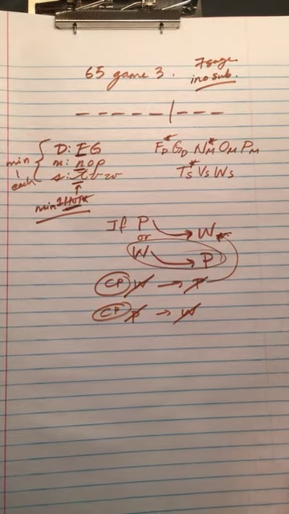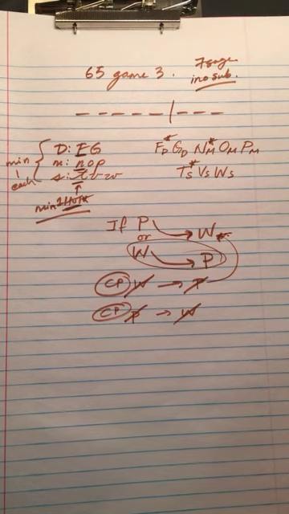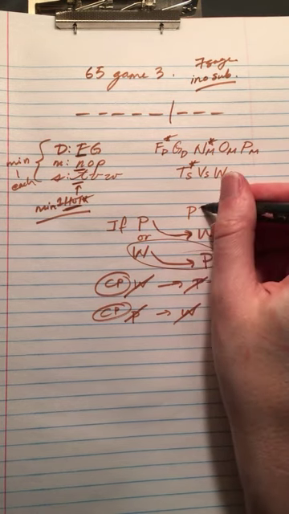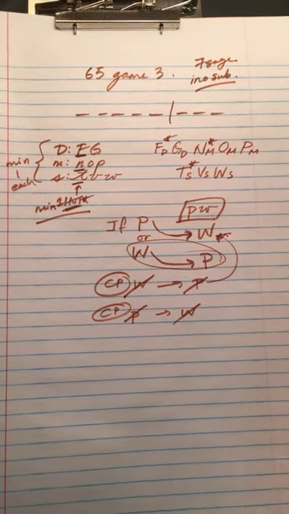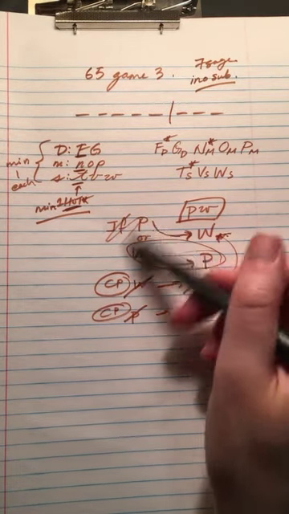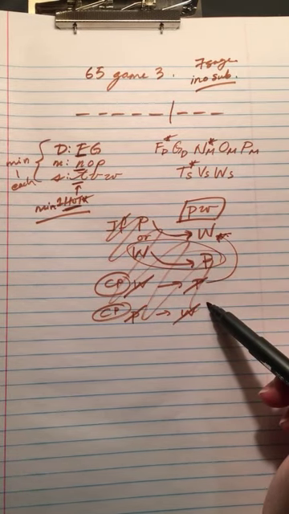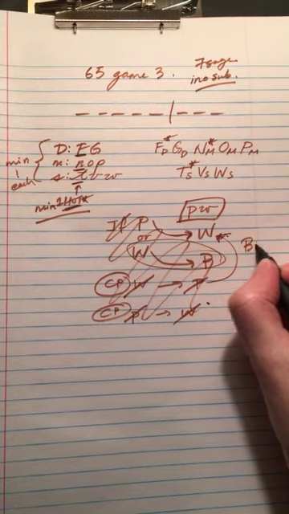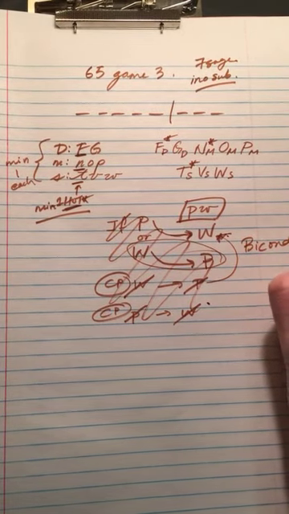Okay, so at the end of the day, we basically just know that P and W are going to be together. So they're either both out or they're both in. Okay, so P and W are a pair. Right? That conditional statement is a biconditional.